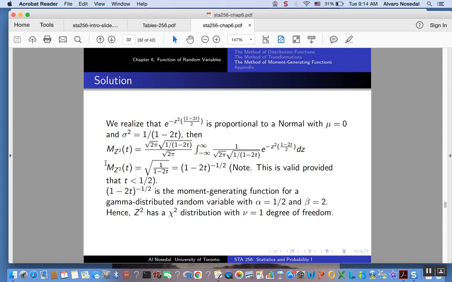What we just did is find the MGF of the transformation, the function we're interested in, and once we have it, we try to see if it corresponds to one of the ones we have seen before. If that's the case, we're done. If not, we have to try another one of our methods. Make sense? Okay, that's it for now.